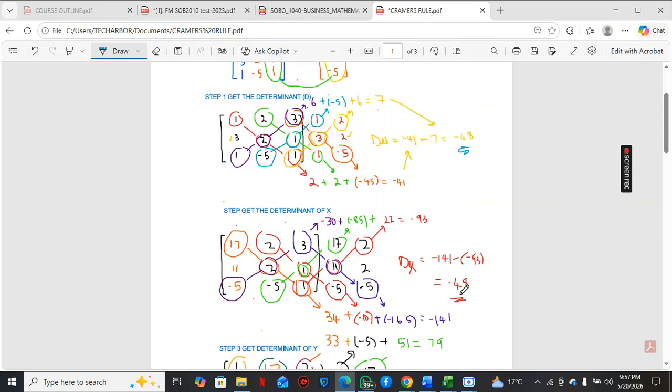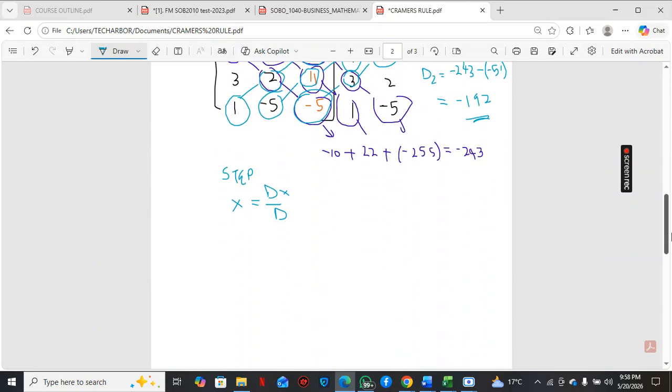The determinant of x is also negative 48. So we're going to say negative 48 divided by negative 48, that gives you 1. So x equals 1.